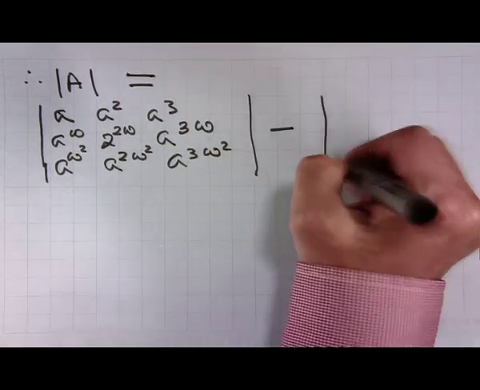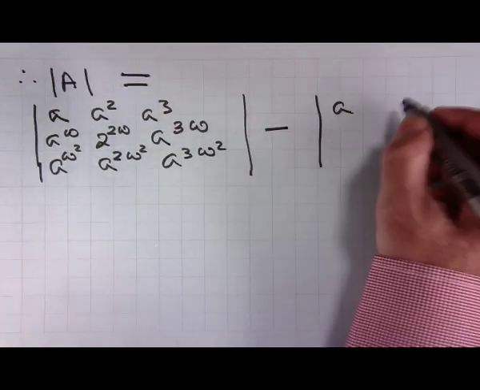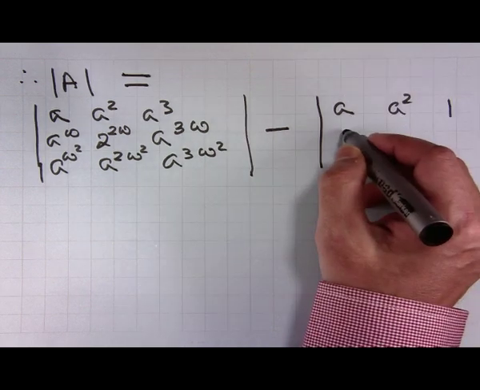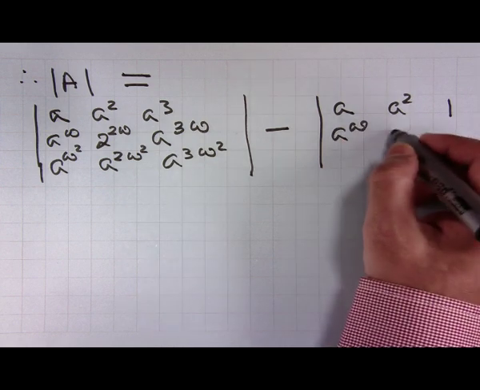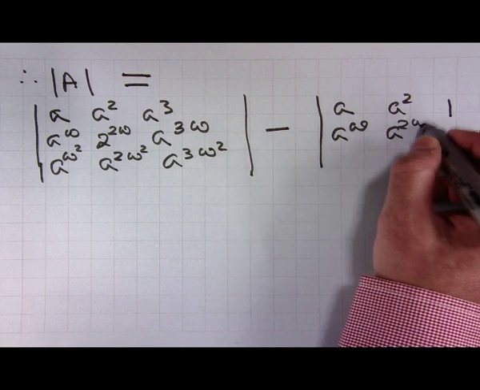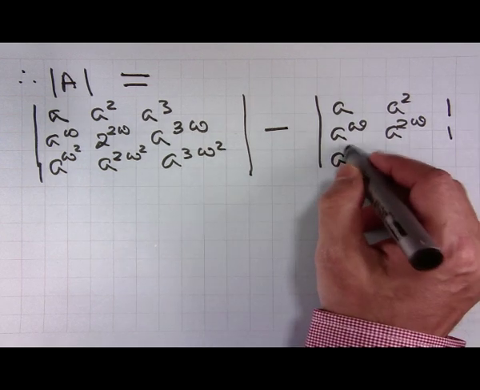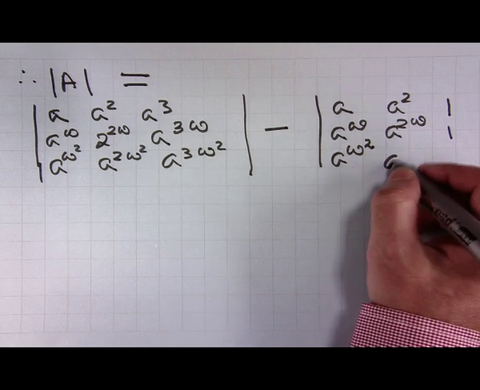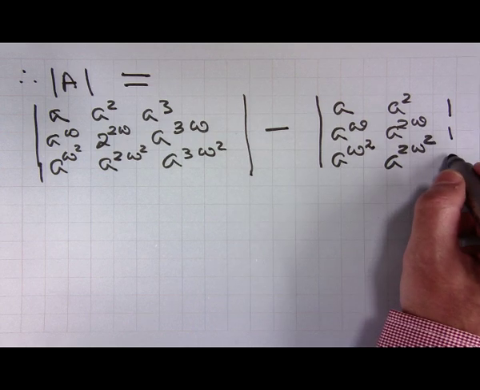minus the determinant of a, a square, 1; a to the power omega, a to the power 2 omega, 1; a to the power omega square, a to the power 2 omega square, and 1.